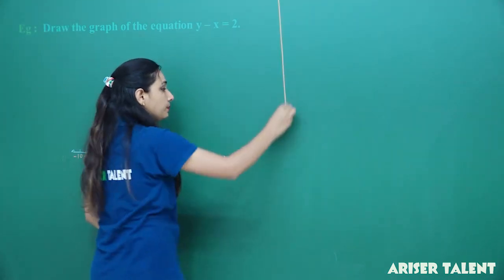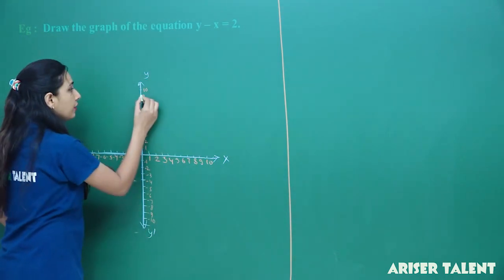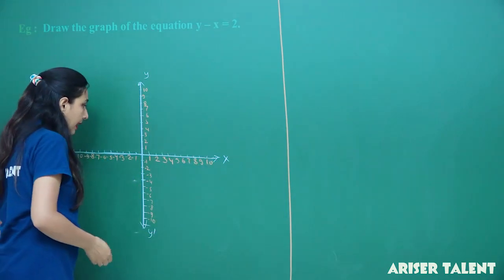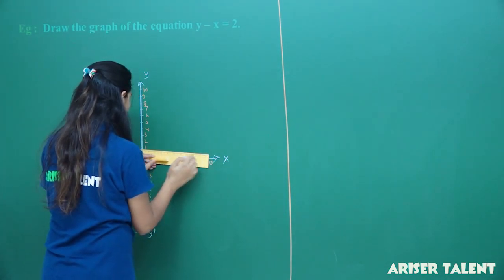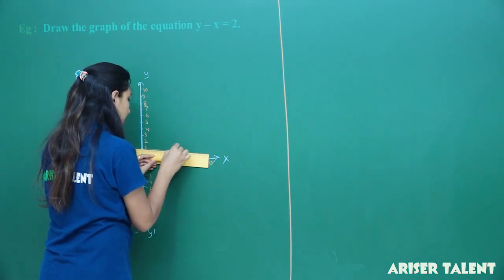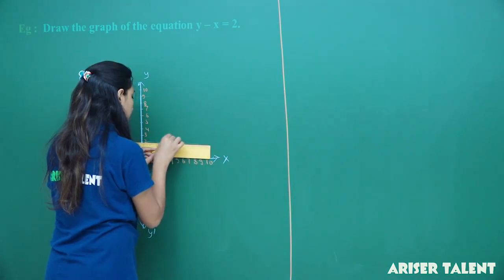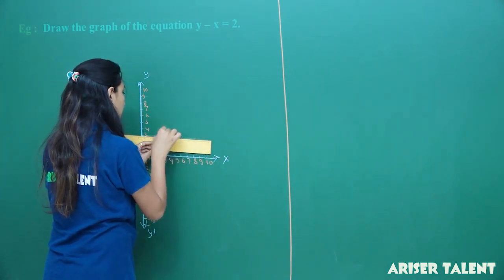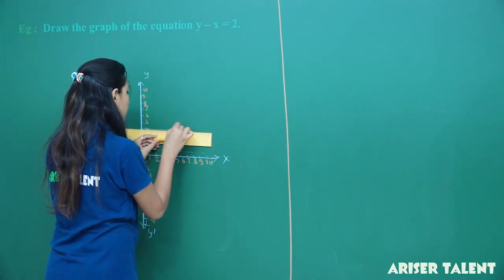Okay, so in your graph paper, you'll be having some lines over there, right? Like this. You'll be having these horizontal lines, right? And you'll also be having vertical lines too, students.